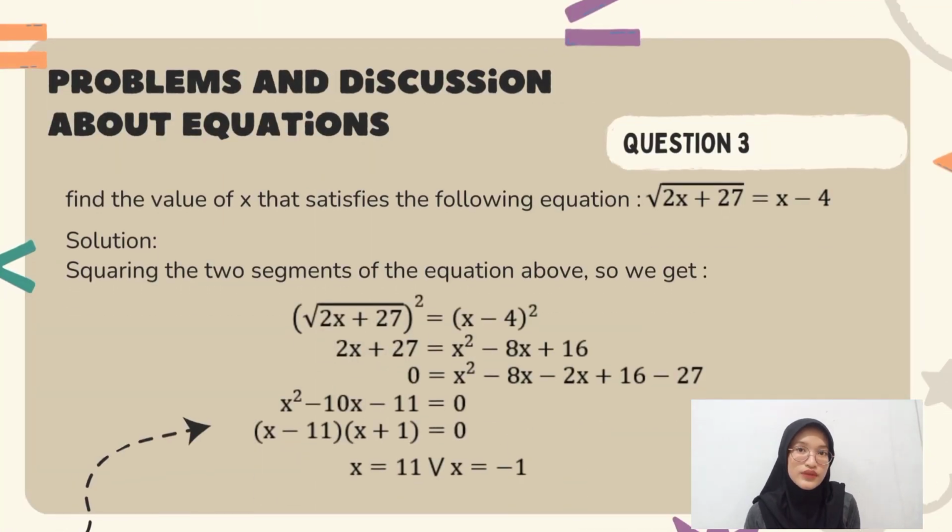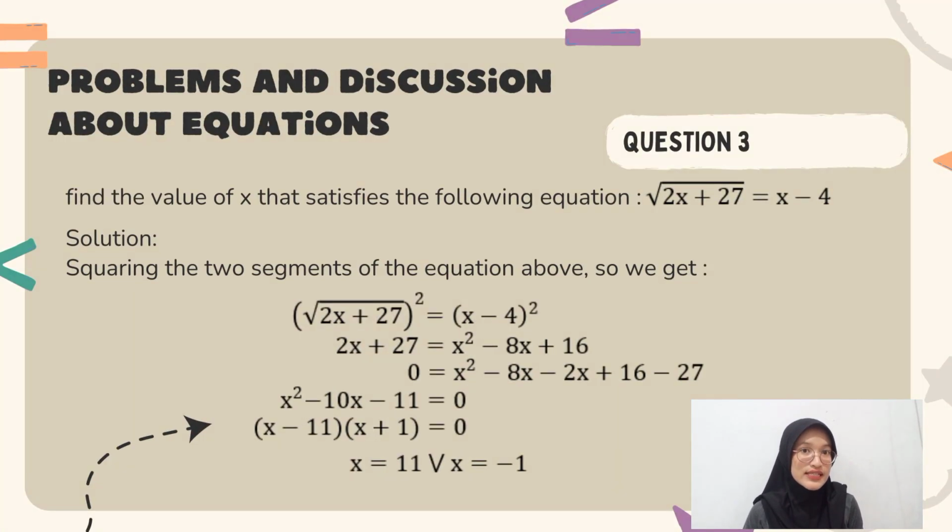Question 3. Find the value of x that satisfies the following: square root of 2x plus 27 equals x minus 4. So the solution: squaring the two sides of the equation above, we get square root of 2x plus 27 squared equals x minus 4 squared.